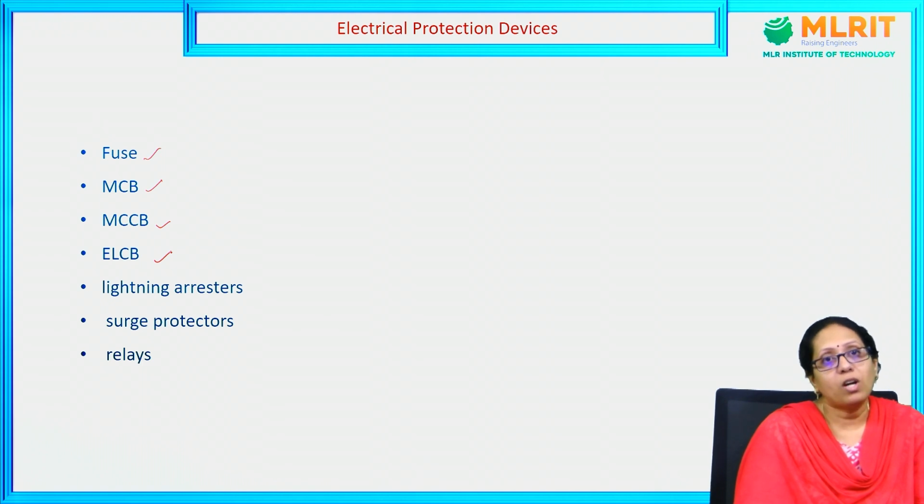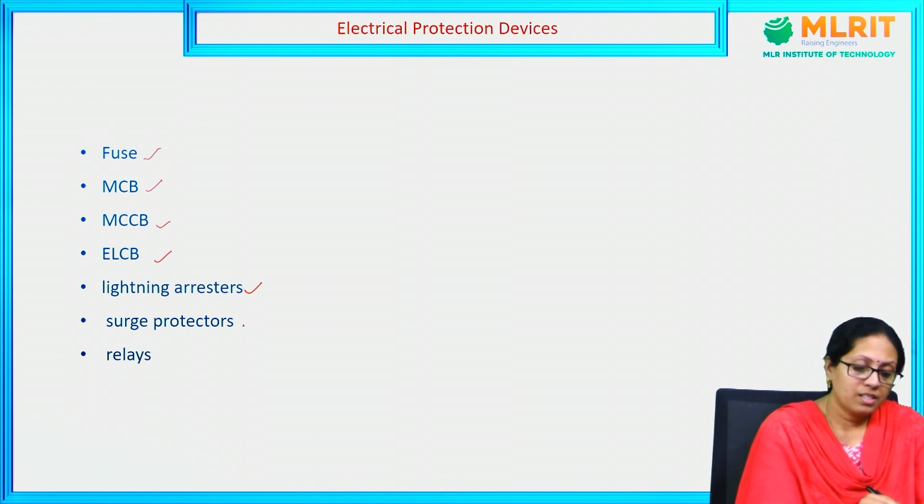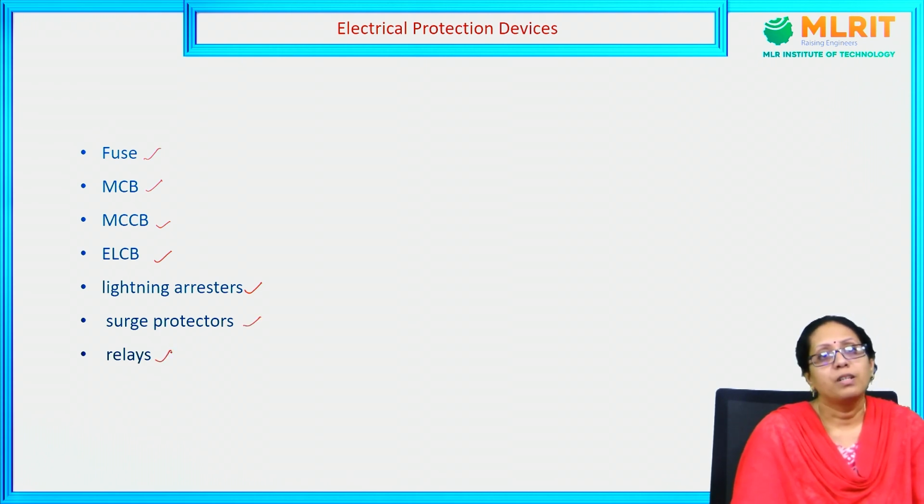All these four are different types of circuit breakers used as protection devices against these electrical accidents. Next are lightning arresters, surge arresters and relays. At different points of distribution or transmission of power, we use all these different types of electrical protection devices.